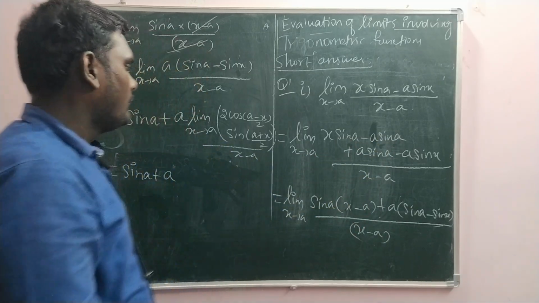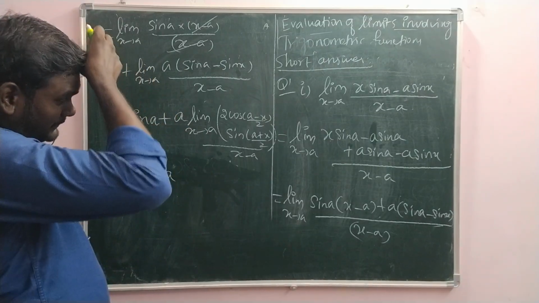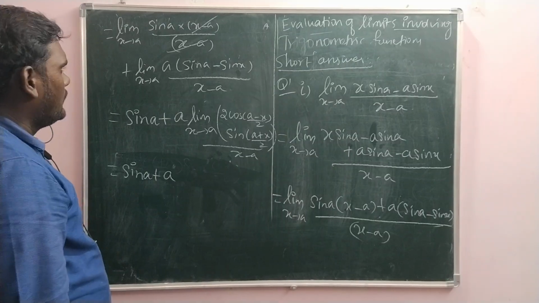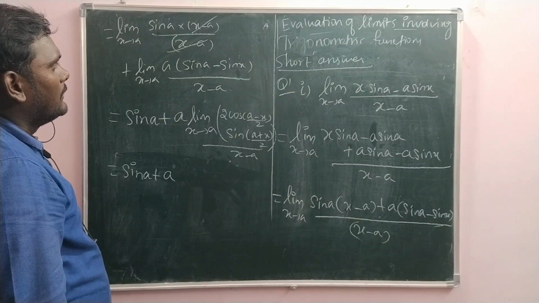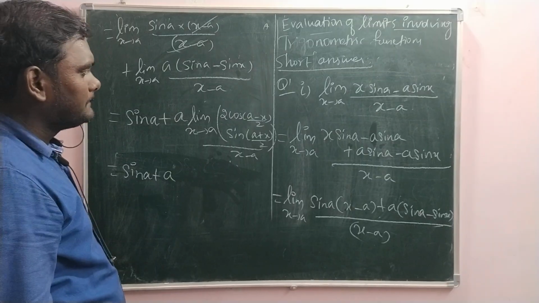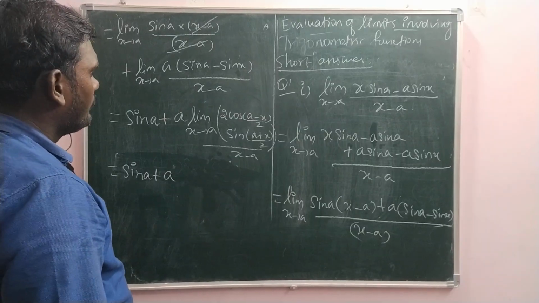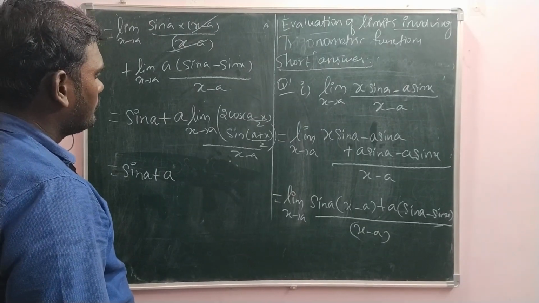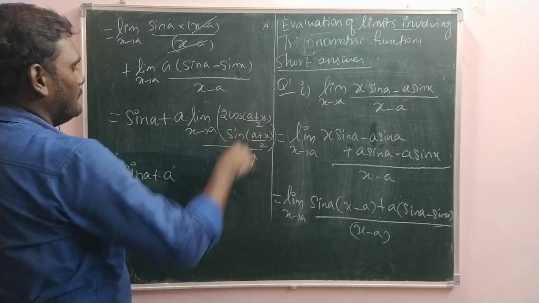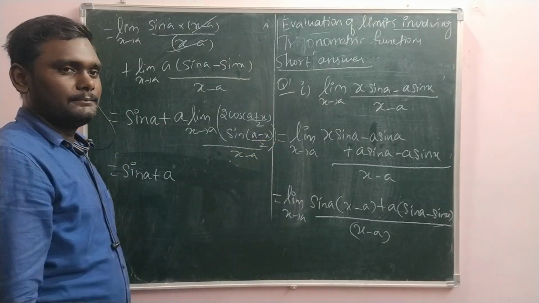Okay. And then this is sin a minus sin x, but we need x minus a, right? I wrote the formula wrong. That is 2 cos c plus d by 2 sin c minus d by 2, right?